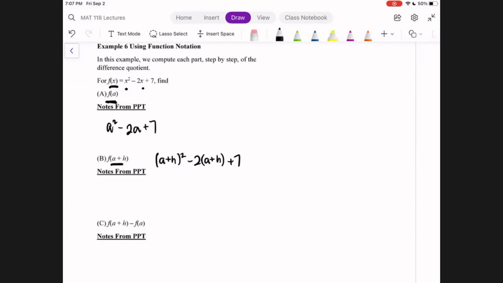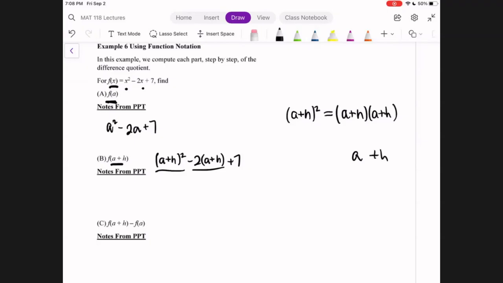And now we need to somehow simplify this. The middle part here isn't bad, but this part, off to the side, what is a plus h all squared? That means I have to write a plus h twice, and then I need to FOIL. Some of my students in previous classes like the box method.